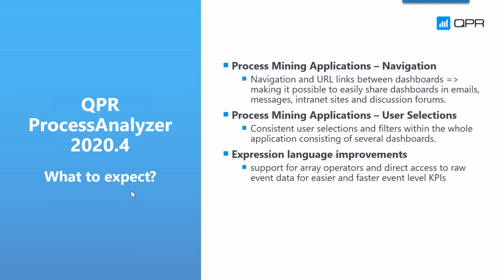Usually if you find your KPIs and dimensions from the ready-made ones, then you don't need to write the expressions, but when you need something more customized, then you can very smoothly, for example, start from a standard KPI and then convert it to a custom expression and make small adjustments for your needs.